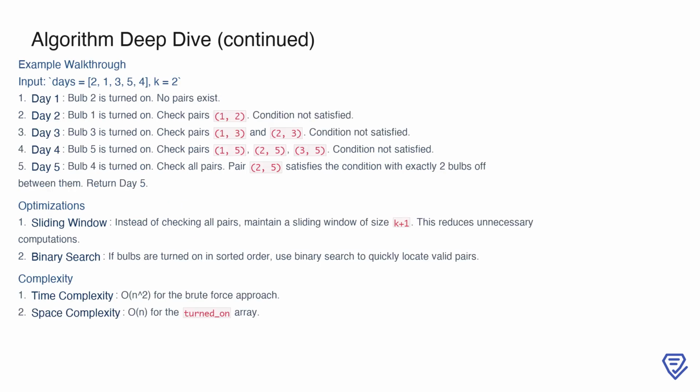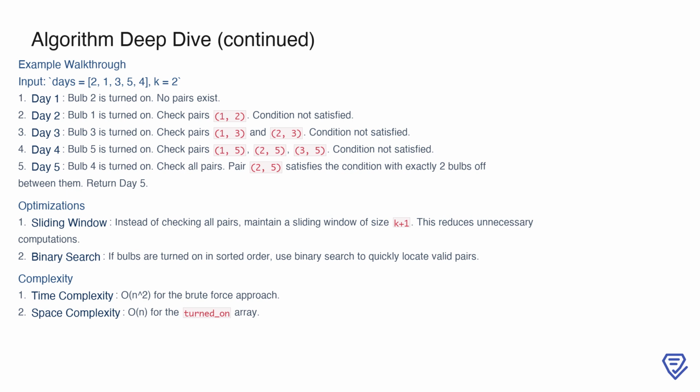Let's illustrate this with an example where days equals 2, 1, 3, 5, 4, and k equals 2. On day 1, bulb 2 is turned on, but no pairs exist yet. On day 2, bulb 1 is turned on, and we check the pair 1, 2, but it doesn't satisfy the condition. On day 3, bulb 3 is turned on, and we check pairs 1, 3, and 2, 3, neither of which meet the criteria.